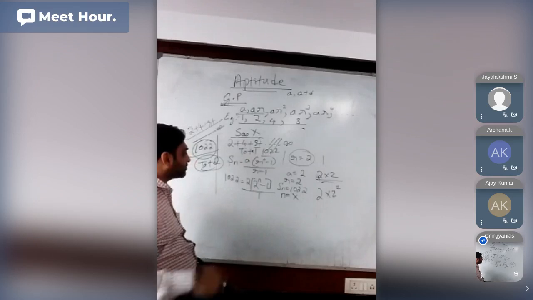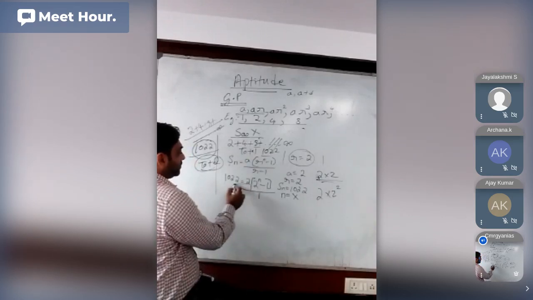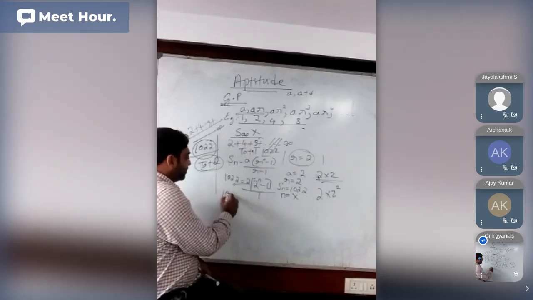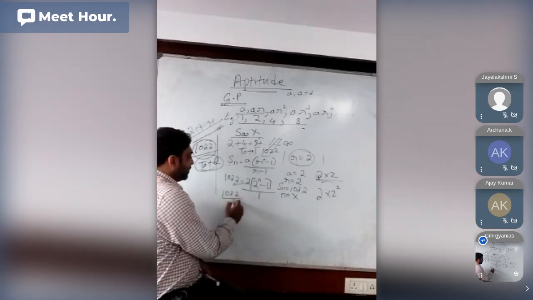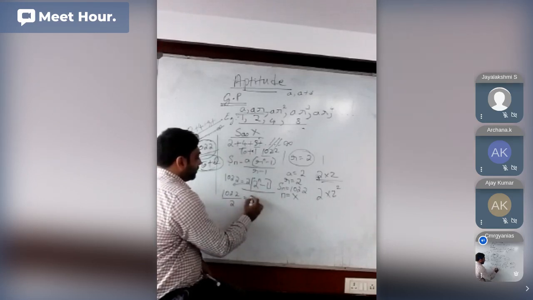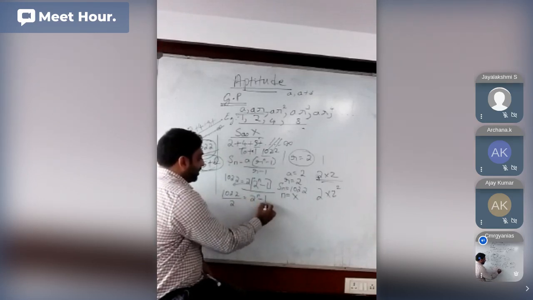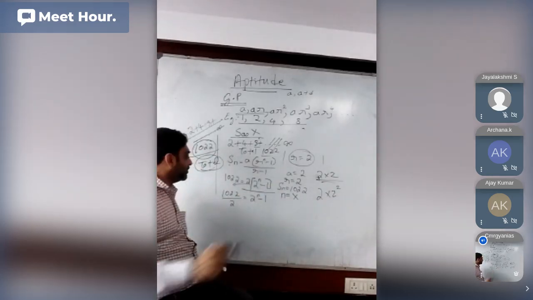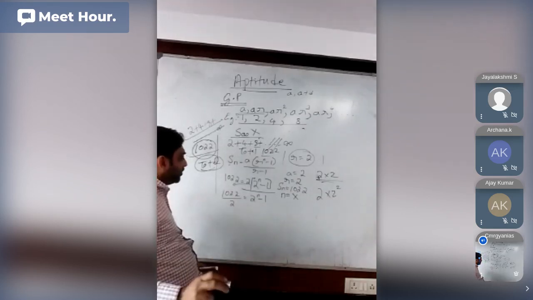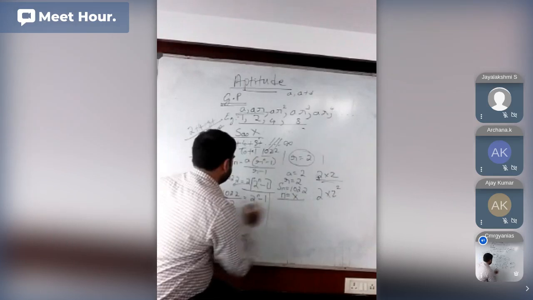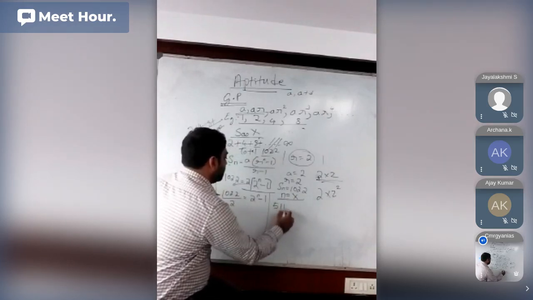Now, you take this 2 down, cross multiply. So it became 1022 divided by 2 is equal to 2 to the power n minus 1. So this answer, 1022 divided by 2, comes to 511.